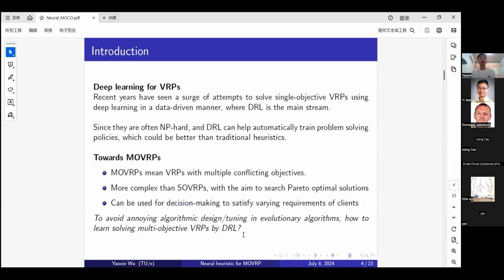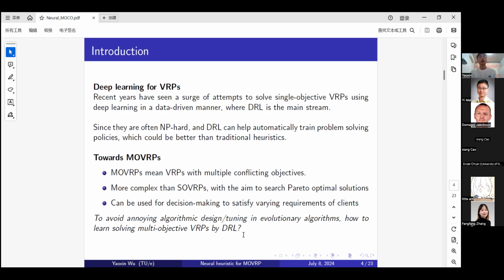So here is a brief introduction. Why do we use deep learning for solving weak routing problems? First of all, weak routing problems are a class of NP-hard combinatorial optimization problems. It means it is very hard to achieve the optimal solution within a polynomial time limit.